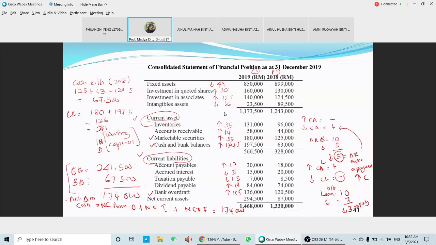The difference is considered the net change in cash. When you make a calculation for the operating, investing, and financing, you should total up these three items, and it should equal this amount. If you find a different amount, let's say 150, it means there is something wrong with your calculation for the operating or investing or financing. So actually it guides you whether your answer is correct.